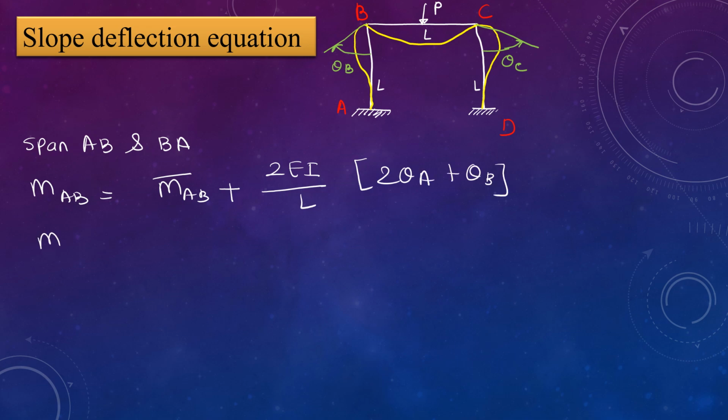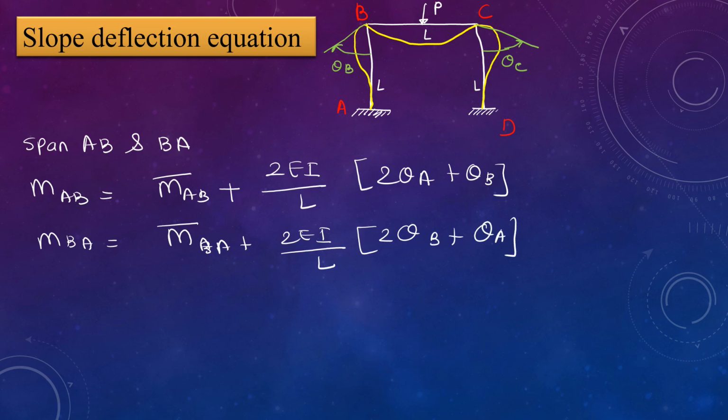Then moment BA is equal to MBA bar plus 2EI divided by L into (2 theta B plus theta A).